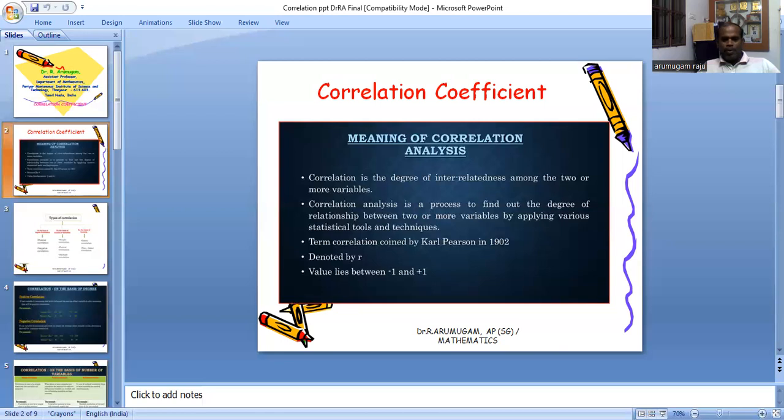For example, you can take income in rupees and weight in kilograms: income 350, 360, 370 and 380, and the corresponding weight 30, 40, 50 and 60. Both are in the same direction. That means both are increasing.